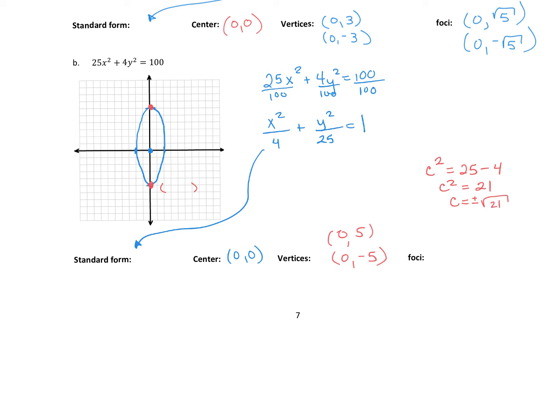And that happens to be approximately 4.5 or 4.6. And so we'll go 4.6 here and 4.6 here. And we can see that that's 0, root 21, and 0, minus root 21.